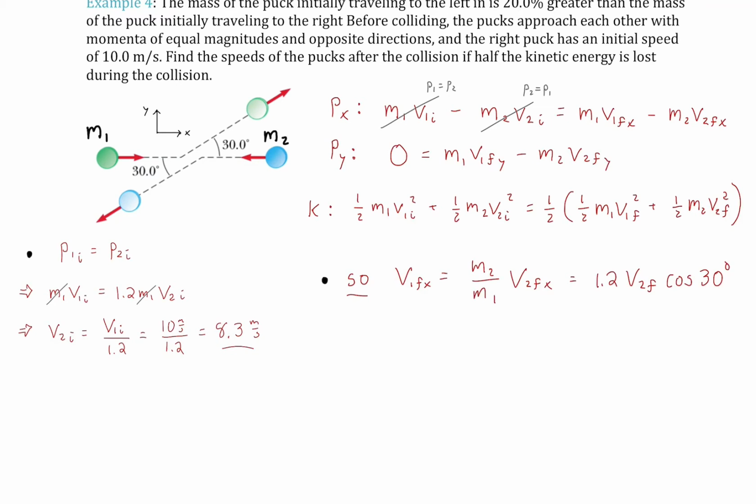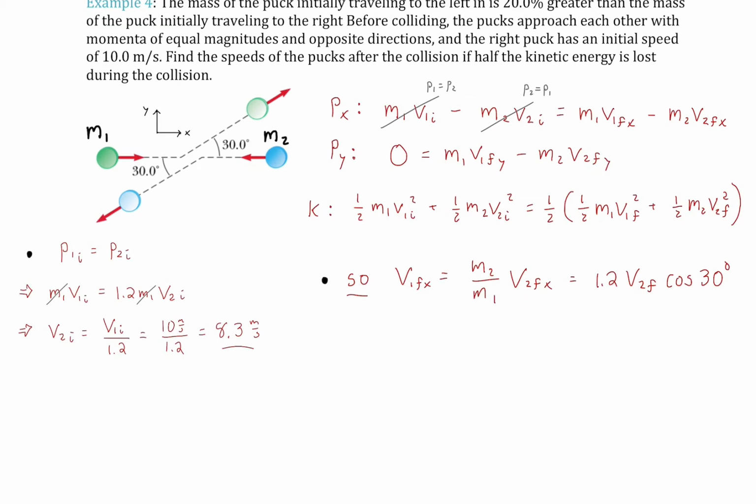Now we're going to go ahead and find V1 final x. That's going to be the final velocity of this one after the collision. So essentially, it's this arrow right here we want to solve. It's going to be m2 over m1 times v2 final x. So just times this one. We're getting that right out of our momentum equations, specifically our x momentum equation, because everything's an x.